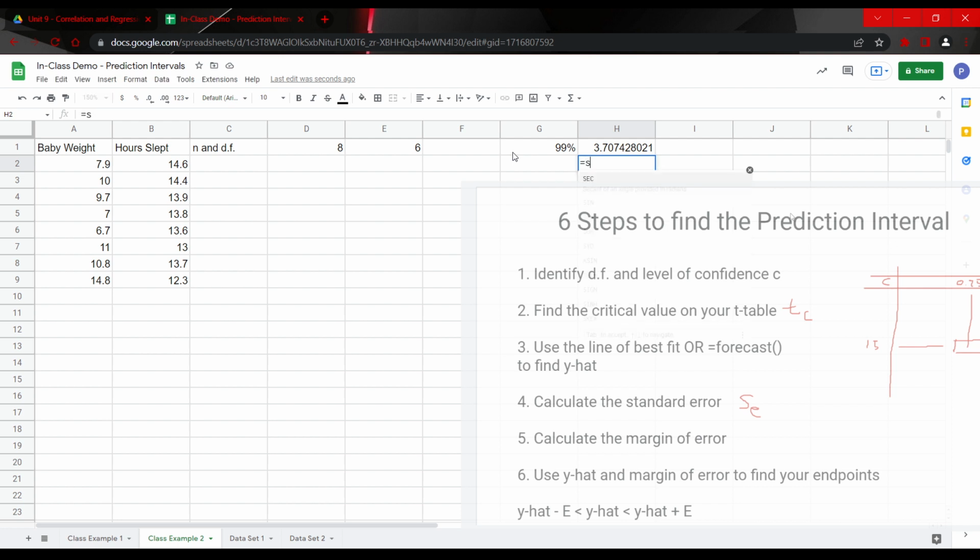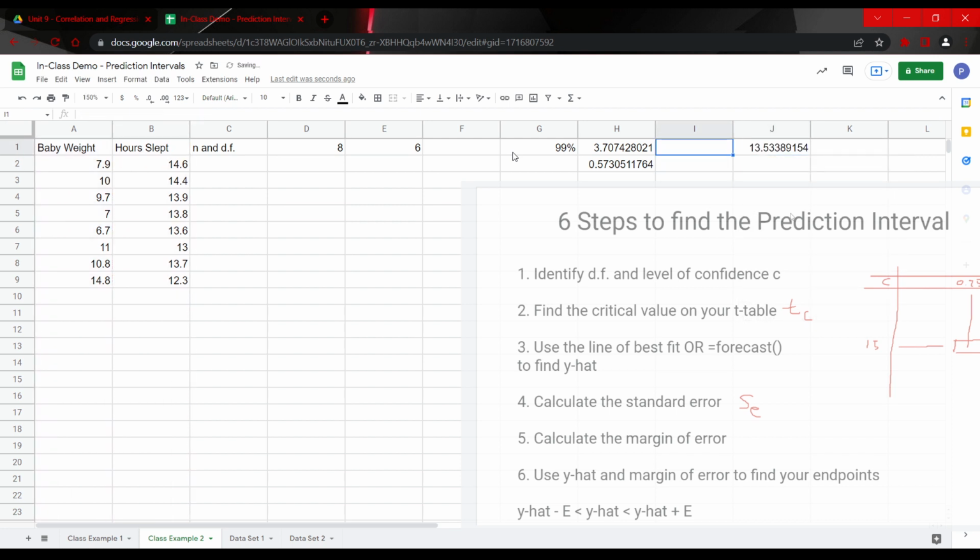My standard error, STEYX of BB, AA, is 0.57. So there we go. We got the first part done. I'm also gonna forecast. I want to test the baby weight of 10.4, dependent, independent.